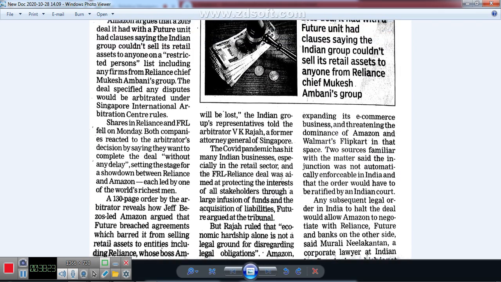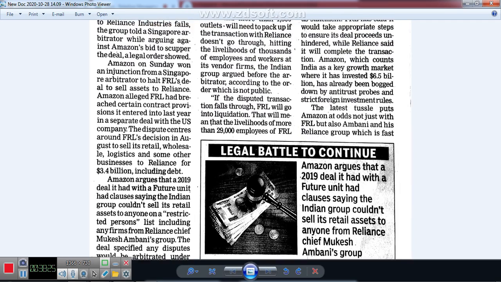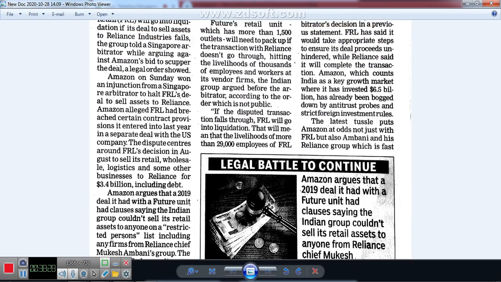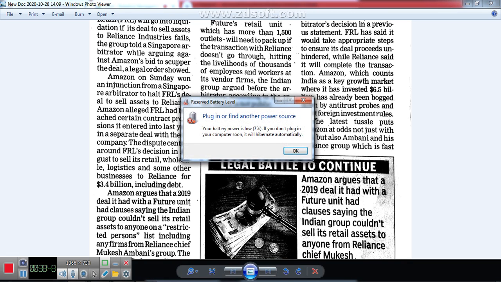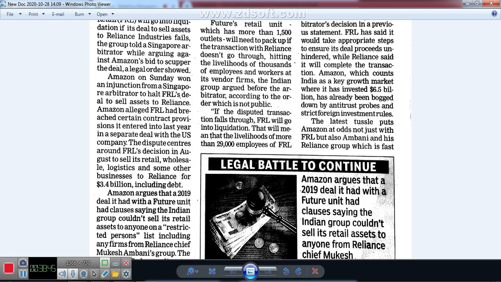Anyway, the Future Retail unit, which has more than 1,500 outlets, will need to pack up, means it will go into liquidation if the transaction with Reliance doesn't go through, hitting the livelihoods of thousands of employees and workers at its vendor firms. The Indian group argued before the arbitrator.